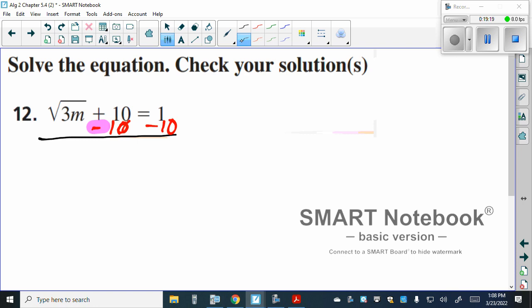And if we subtract 10 from both sides, we get that the square root of 3m is equal to -9. What can we do next? We can square it, yes? But also, what do we know about a radical? It can't be negative, yes? So is there any way we can actually get a solution from this here? No.